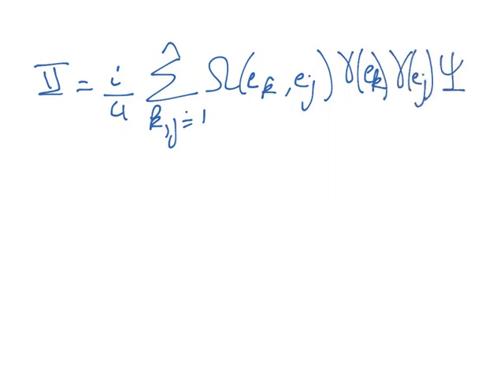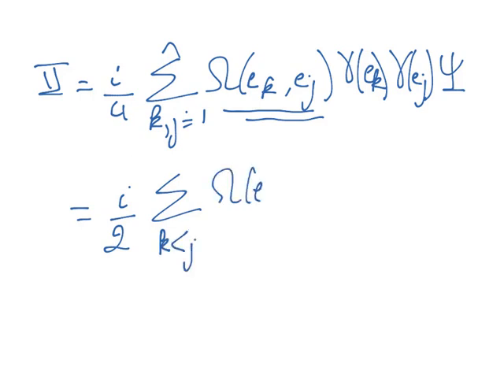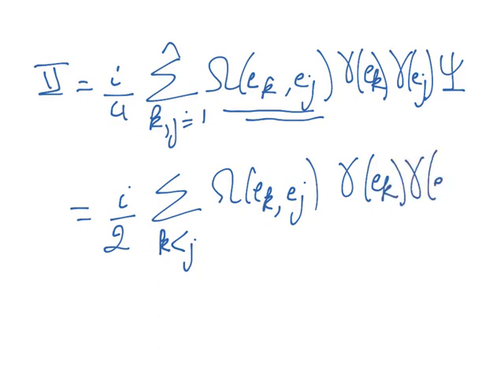One more time, we know that if k is equal to j, then this is minus 1, but in this case the omega term will be 0, so I can write it as i/2 sum over k strictly less than j of omega(e_k, e_j). Don't forget, omega is not symmetric, it is skew-symmetric or anti-symmetric, gamma e_k gamma e_j.